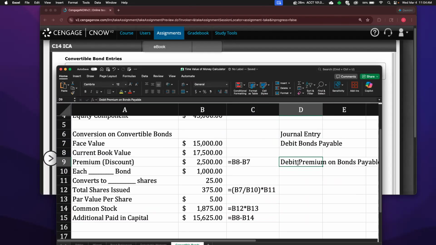If for some reason this was a discount, we would credit discount on bonds payable. If you want to make a note of that somewhere. Our common stock, we're going to credit common stock. And then we're going to credit additional paid in capital from bond conversions.